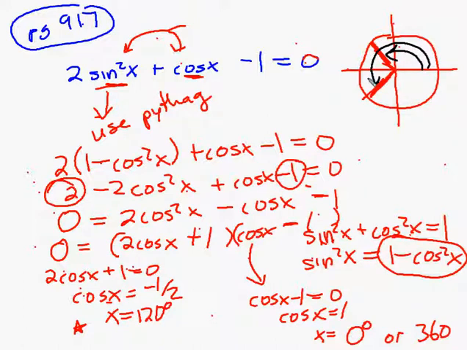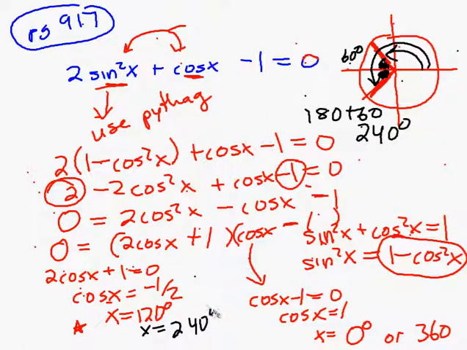Now 120 is not a reference angle. How do I know? Because it's not acute. The acute angle would be in here, and that would be 60 degrees. So I already have one of the answers, the 120. My reference angle is 60, which means the other answer, which is down here, is going to be 180 plus the 60. So that's going to be 240 degrees. So my other answer is 240 degrees.